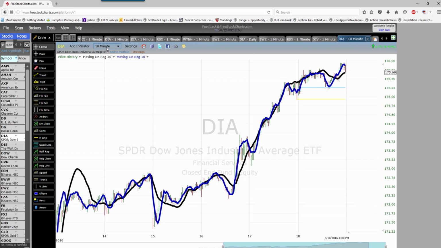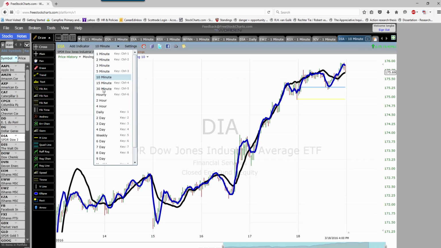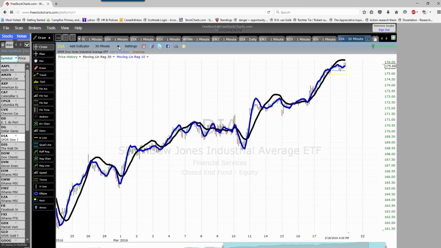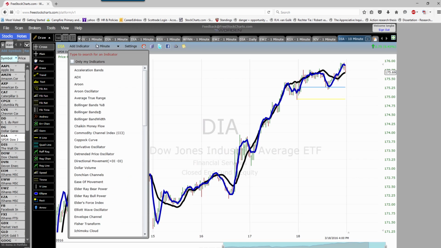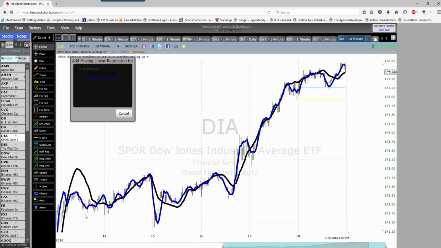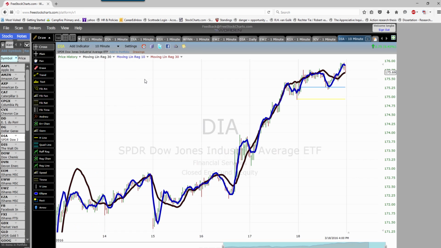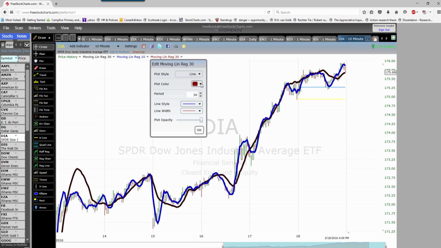I could either go here and change it to a 30-minute chart, or if I add a 90 period moving linear regression and color that green, make that 90 and thick.